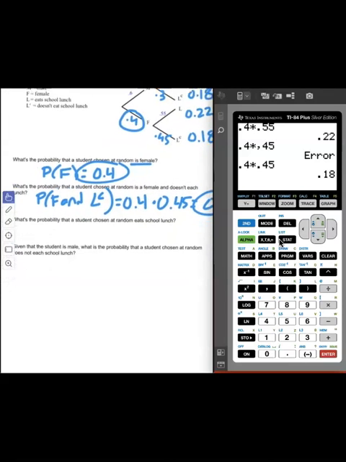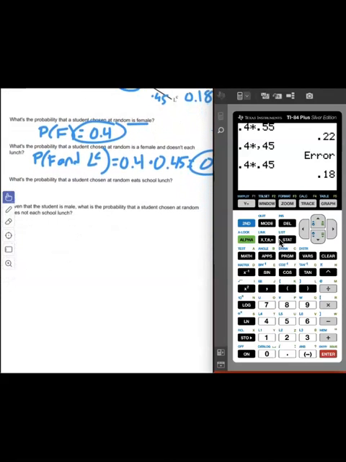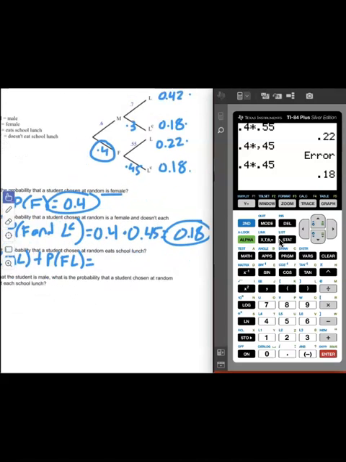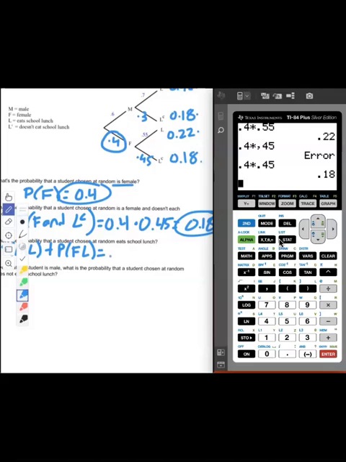Okay, next question. What is the probability that a student chosen at random eats school lunch? To eat lunch, they could either be male or female. So we're going to add the male and eats lunch plus the female and eats lunch. Male and eating lunch was 0.6 times 0.7, which is 0.42.